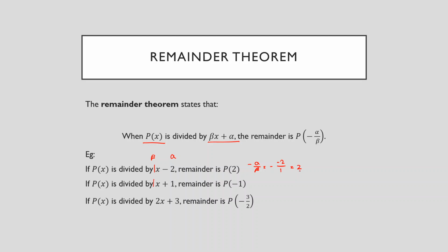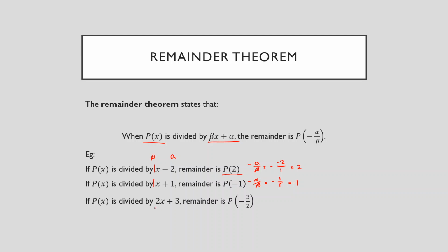If I substitute 2 into my polynomial, I would get the remainder once I evaluate it. Okay, same thing for the next one. Beta in this case is 1, alpha is also 1. So if I substitute negative alpha over beta, which is just negative 1 over 1, which is negative 1, if I substitute that into my polynomial, it would give me the remainder.